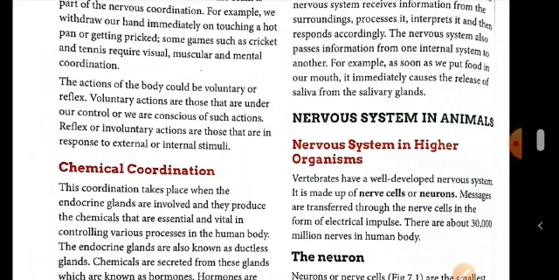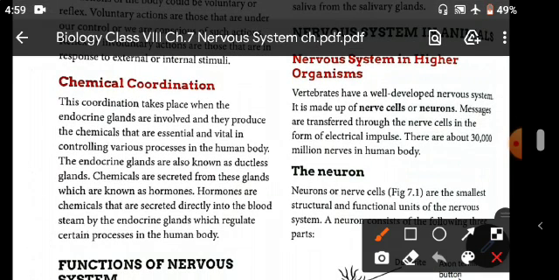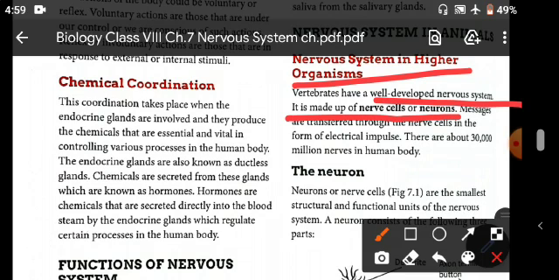Nervous system in animals. Now our next topic is the nervous system in higher organisms. Vertebrates like human have a well developed nervous system. It is made up of nerve cells and neurons. Messages are transferred through the nerve cells in the form of electric impulse.